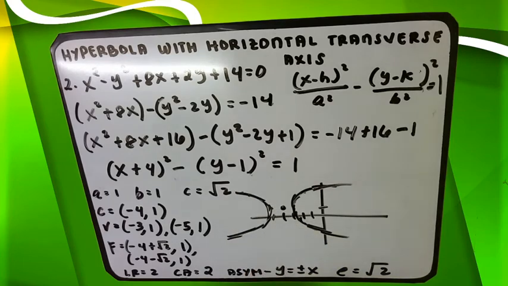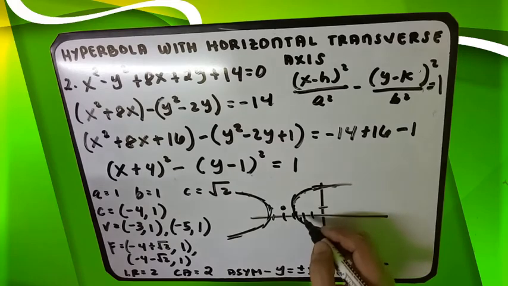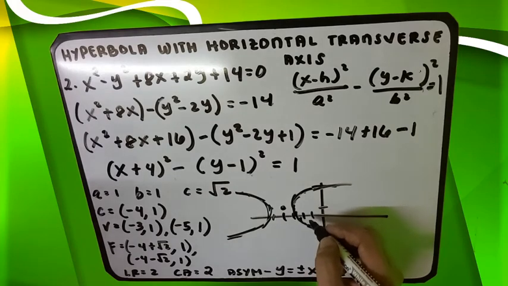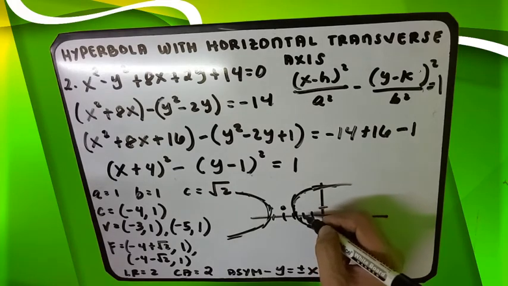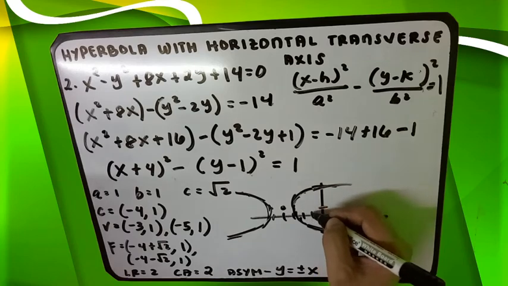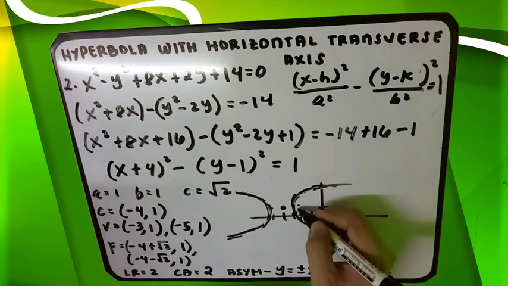And then ang foci, estimatedly, negative 4 plus square root of 2. So that is negative 2.59, 1.